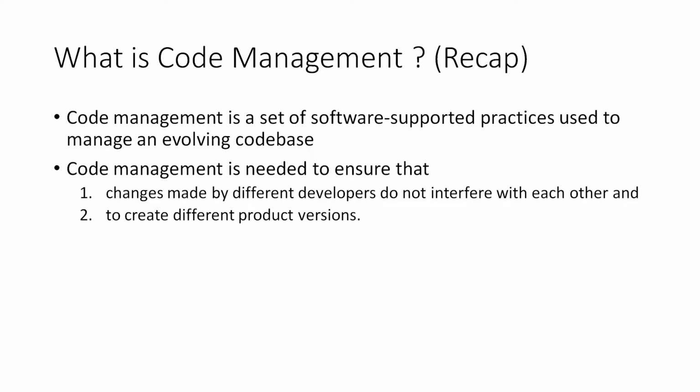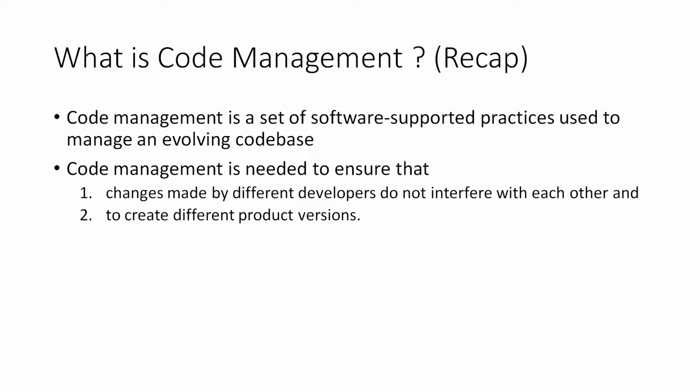It is also used to create different product versions. If developer 1 successfully updates and publishes it, it will be made as, say, version 1.0 or 1.1. If another developer changes it and publishes it, it is made as 1.2. Likewise, different product versions can be created with the help of code management.